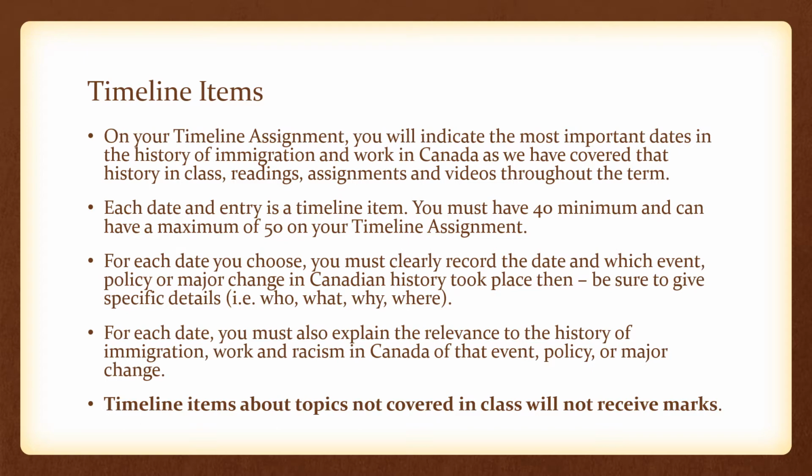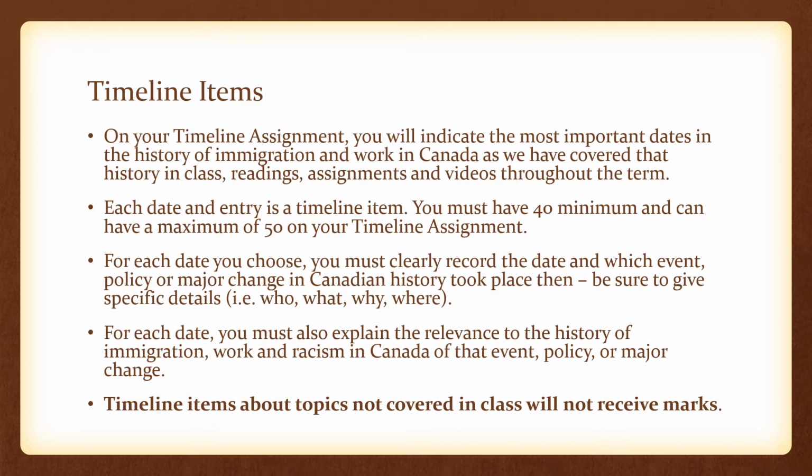For each date that you choose, you have to clearly record the date on the timeline and then which event, which policy or major change in Canadian history took place then. And you'll need to give me specific details. So you need to tell me who, what, why, where, right? The when is the date.